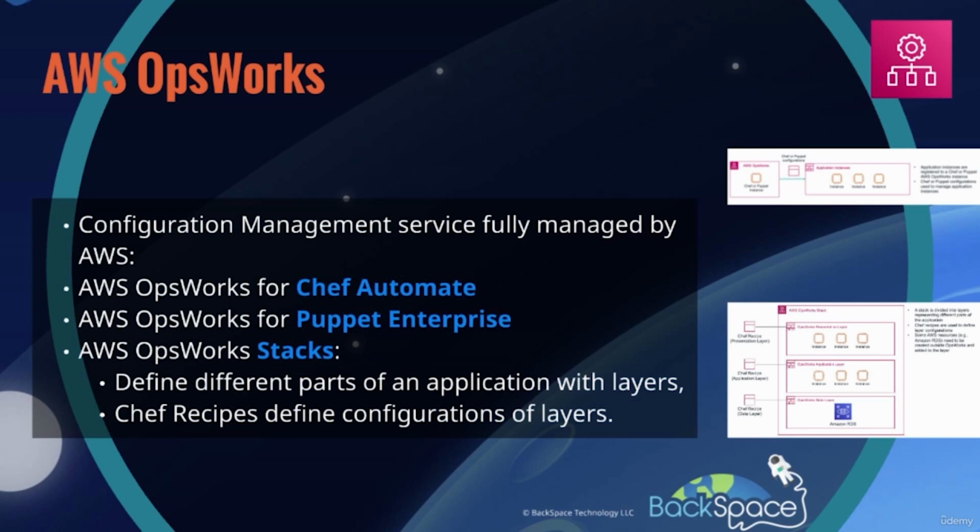And we also have AWS OpsWorks stacks, and they allow us to define different parts of our application with layers. And each one of those layers will have a Chef recipe to define the configuration and resources inside of those layers. As a cloud practitioner, you don't need to really understand how Chef or Puppet works. You just need to understand that AWS OpsWorks is a fully managed installation of Chef or Puppet.